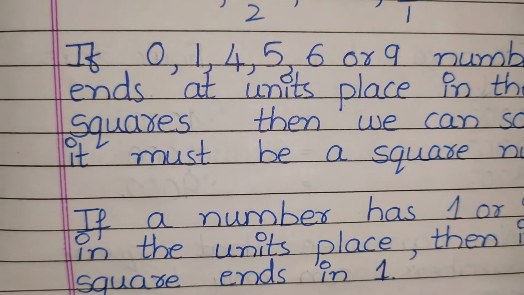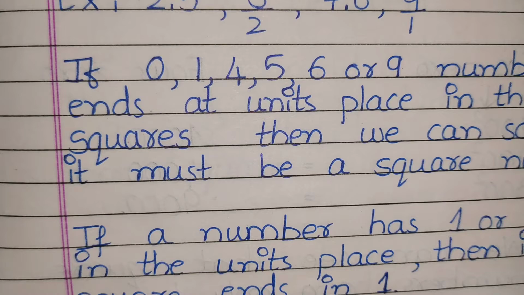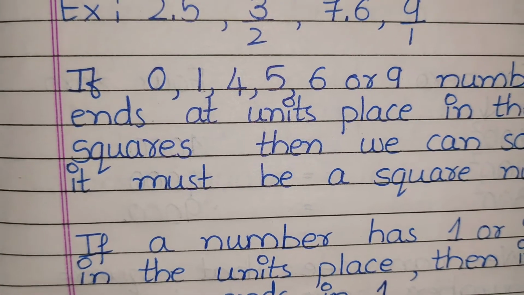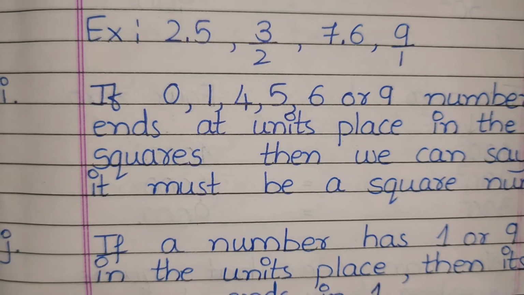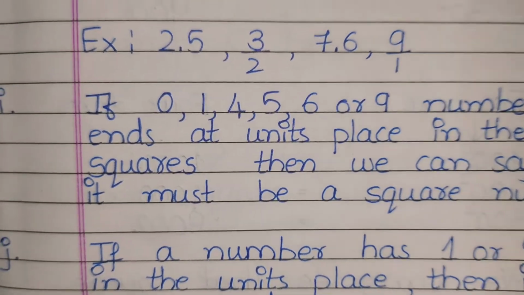If the number ends in any other digits, like 2, 3, 7, 8, then those numbers are not perfect squares.